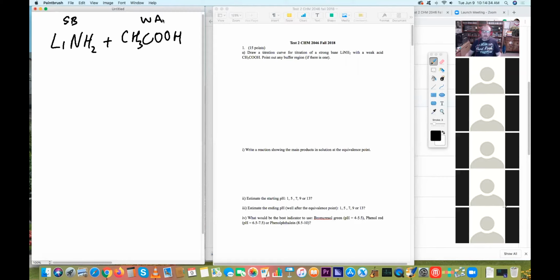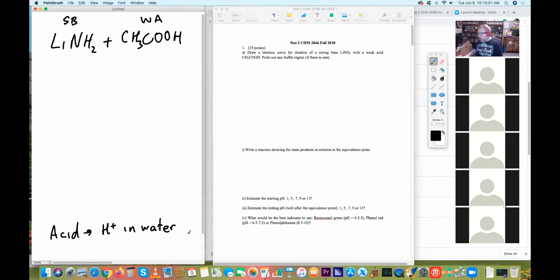Now, if something is an acid, by definition, it produces H+ in water. Bases also produce OH- when put in water, but that's not really relevant to this kind of problem.